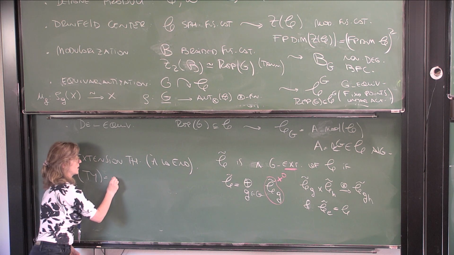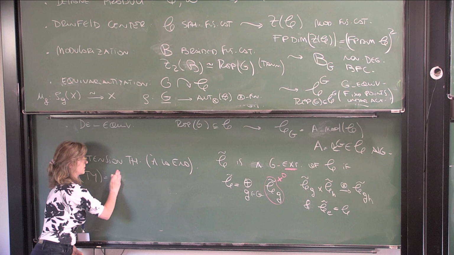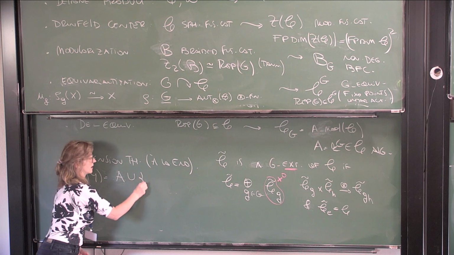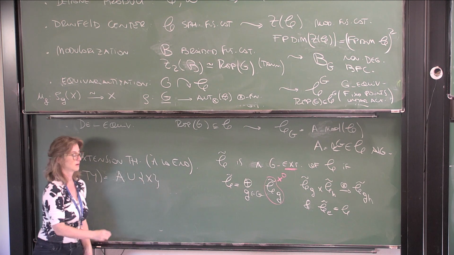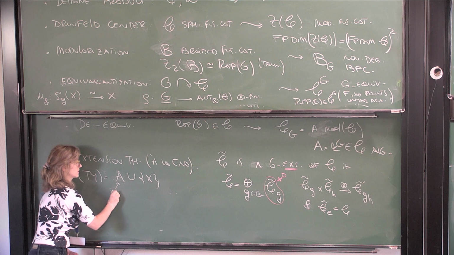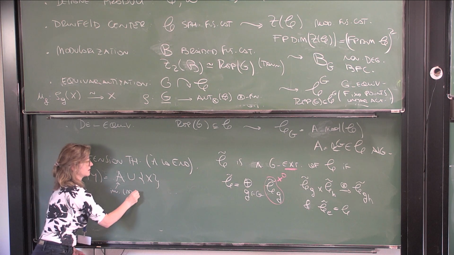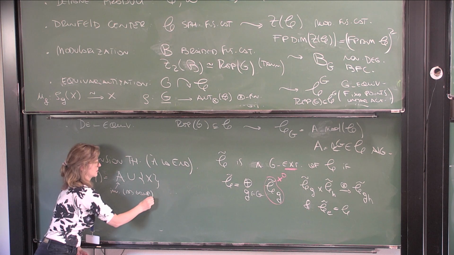The simples here were the group G, or maybe A, because I told you it needs to be abelian, and an extra non-invertible. So these are the invertibles, an abelian group here, and one non-invertible.